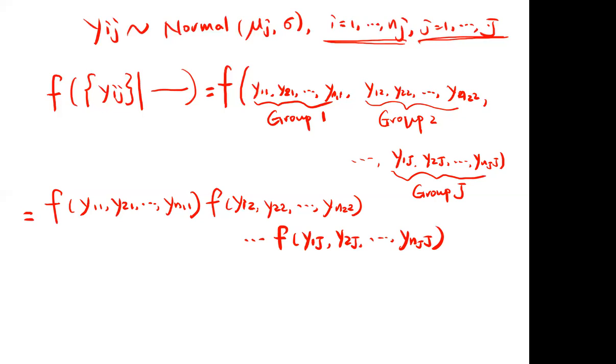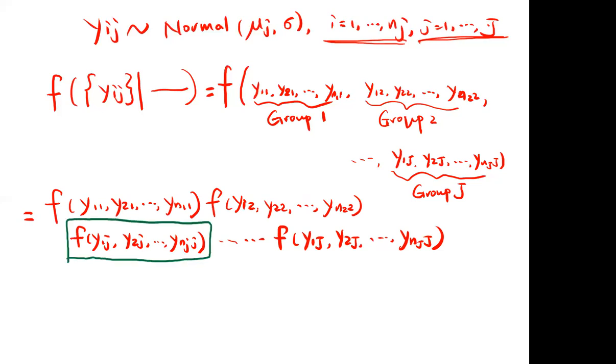Now let me write a generic one here: 1j, 2j, until nj j. This is a generic one that I will work on. How can I further expand this? This is the time to go back to the normal density from the data model in the first line that I showed on top.